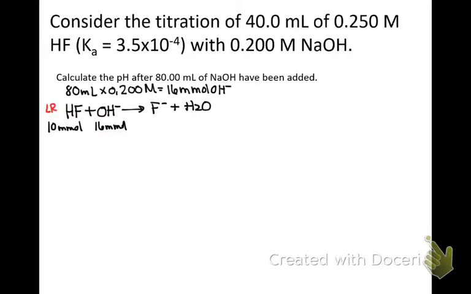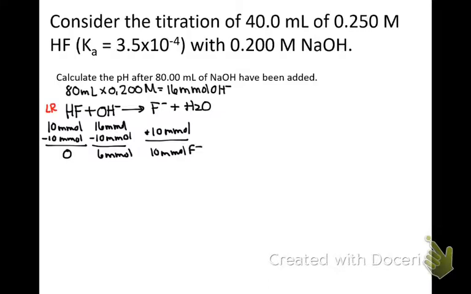So all of the HF will react, and a stoichiometric amount of OH minus will react and will produce that amount of F minus. So after the neutralization, we'll have no HF left, 6 millimoles of OH minus, and 10 millimoles of F minus.